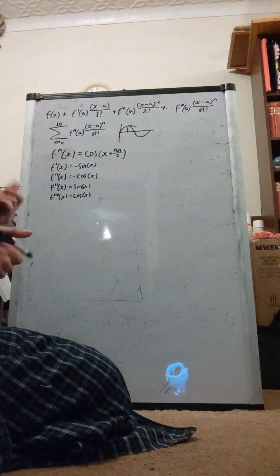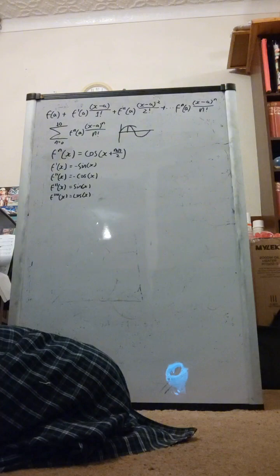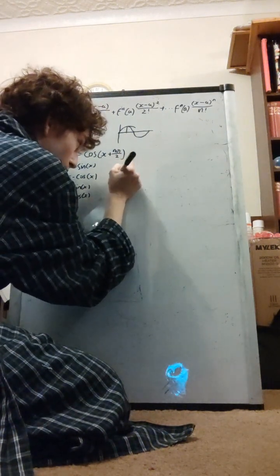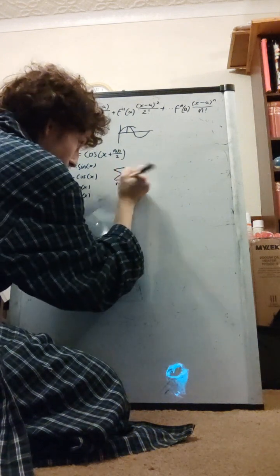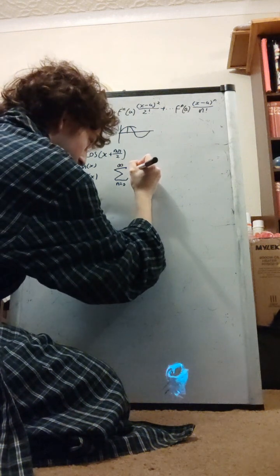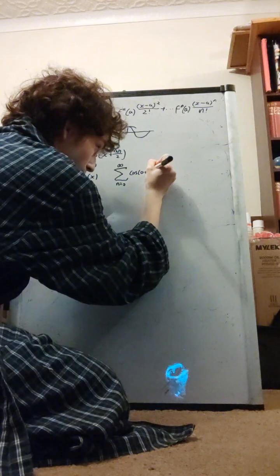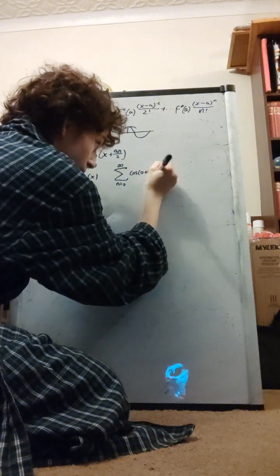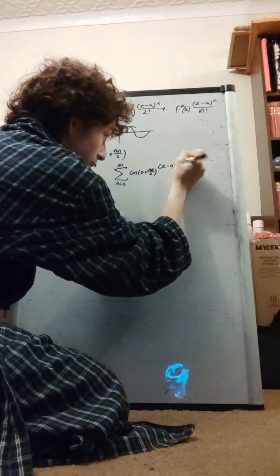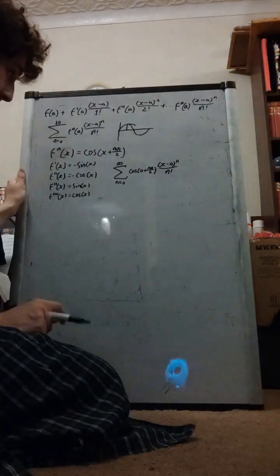But if we then do the Maclaurin series of this by drawing the sum out, we can draw the sum n equals 0 to infinity of cosine of (0 plus pi n over 2) times (x minus 0) to the n over n factorial.